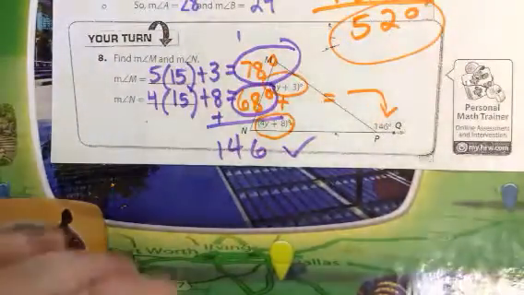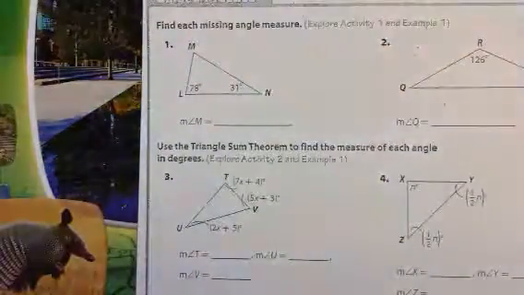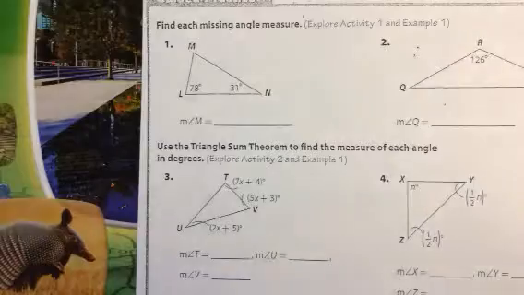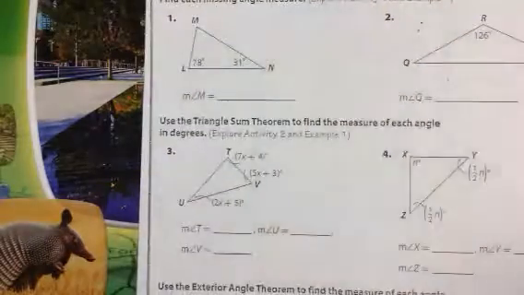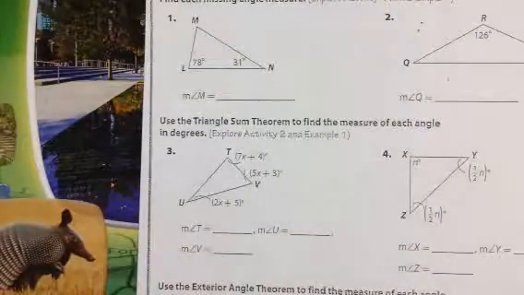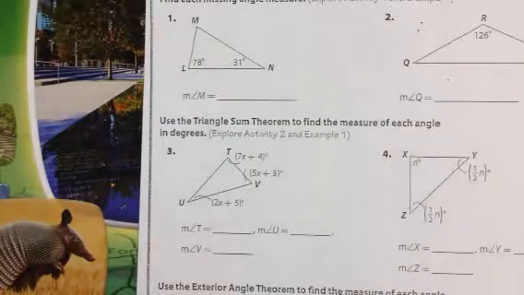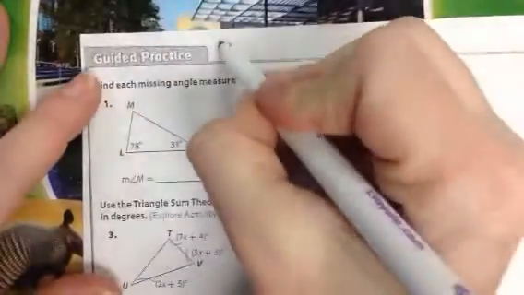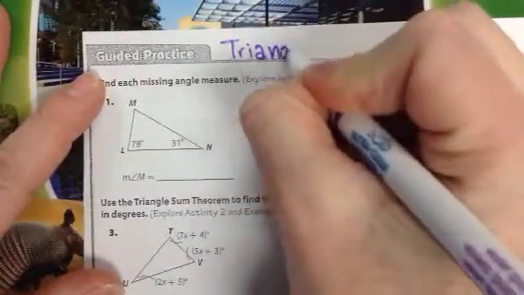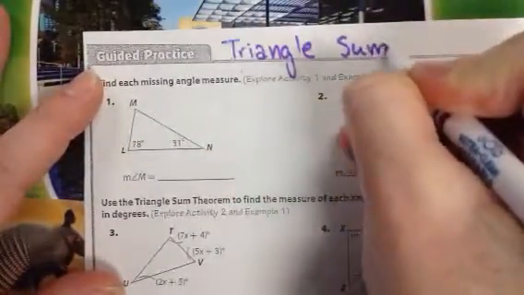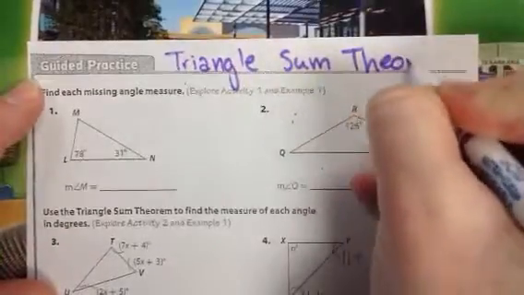Okay. On the last note page, it starts off with find each missing angle measure. So it's just showing me the interior part of a triangle. So I need to know, this is called the triangle sum theorem.